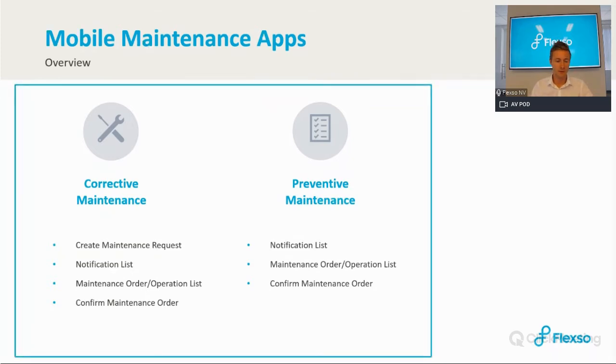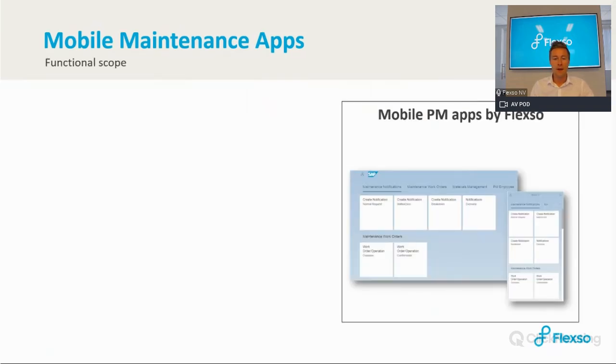Okay, so let's go now more into detail. The first flow, corrective maintenance, which is unplanned maintenance. We start with the creation of a maintenance request. So you have a problem somewhere in your plant, you want to record it in the system.